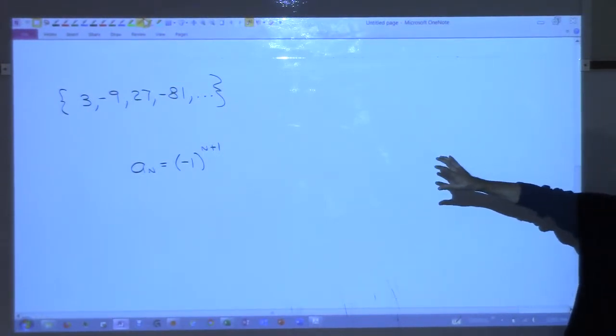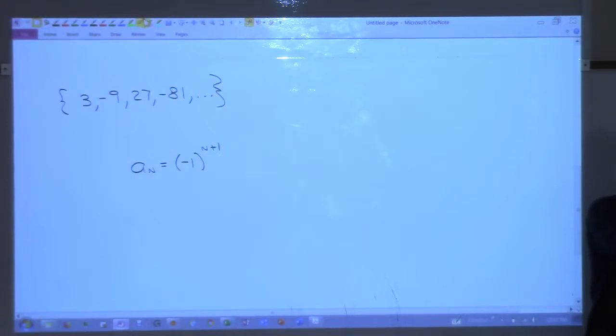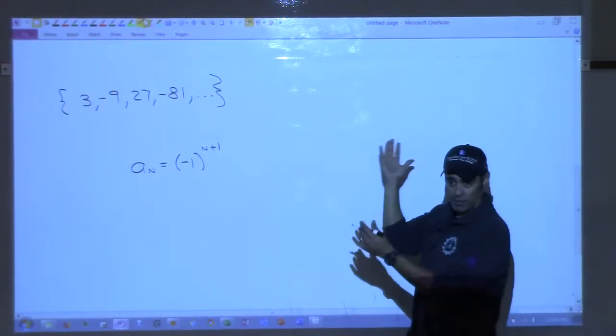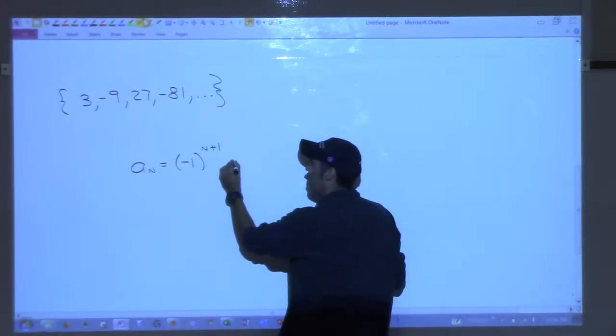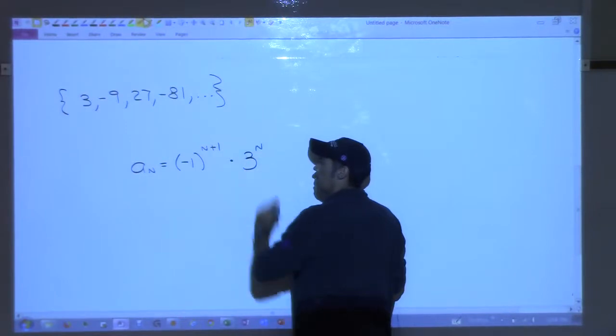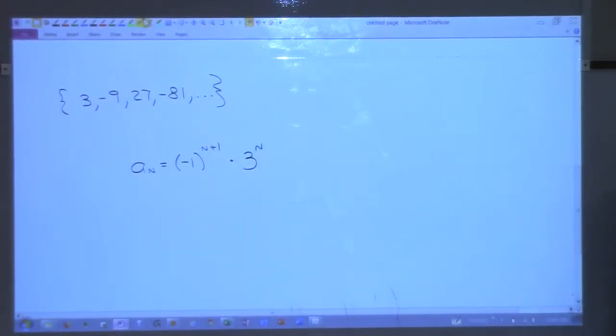Then the next thing we get should be negative, then positive, then negative. And then you're saying the rest of it is just powers of 3, so you said 3 to the n. So times 3 to the n. That should work.